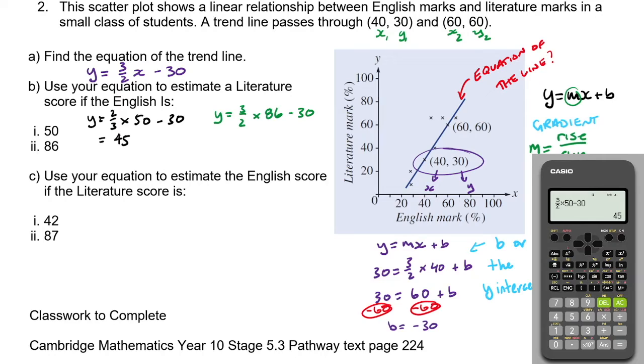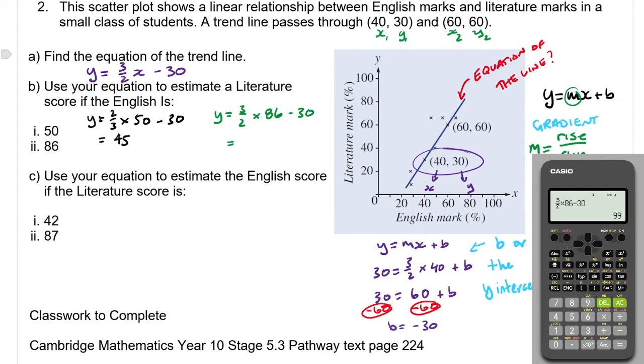Now we really should start each of these with the equation itself. So if you're using your calculator appropriately and you don't get rid of anything, I can actually go back and I can change using the delete button that 50 to 86.